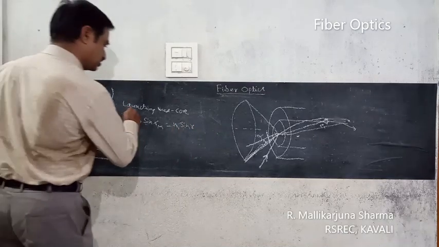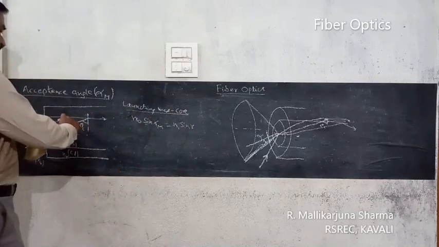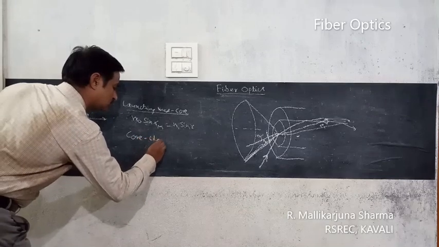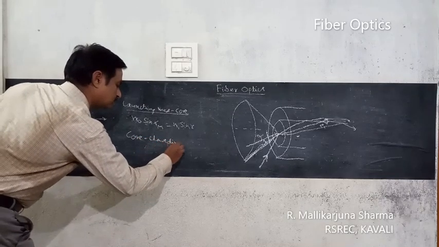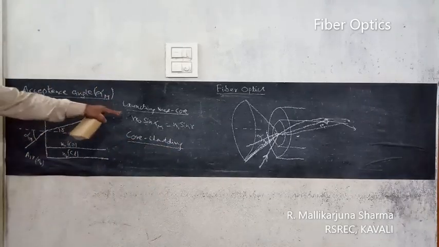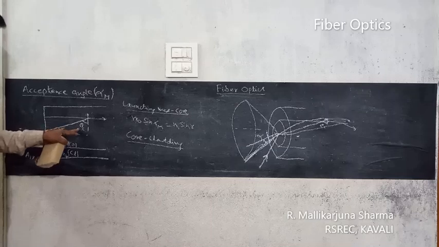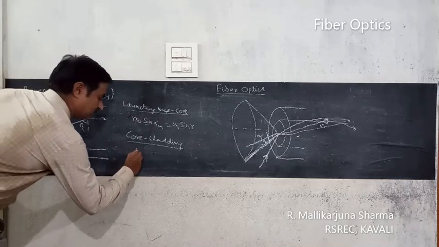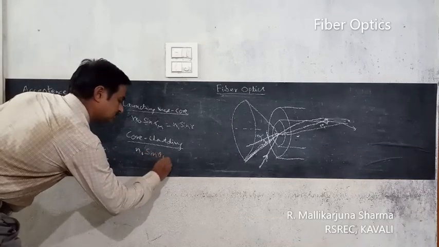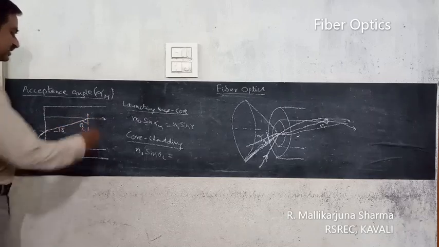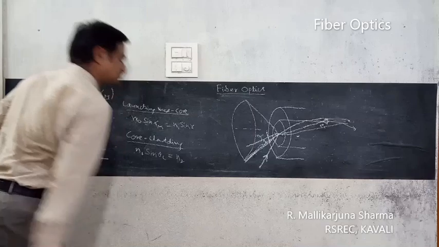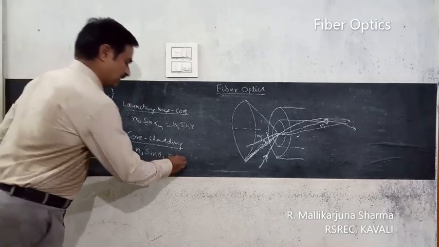Then between core and cladding, if we use Snell's law, in the core the refractive index is n1 and the angle is theta c, so n1 sin theta c is equal to n2 sin 90, and sin 90 is 1.